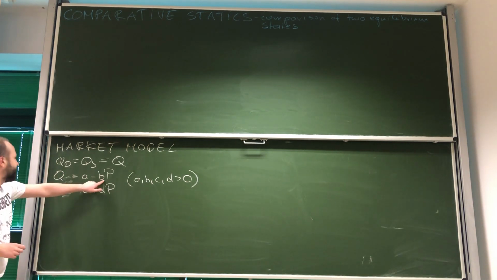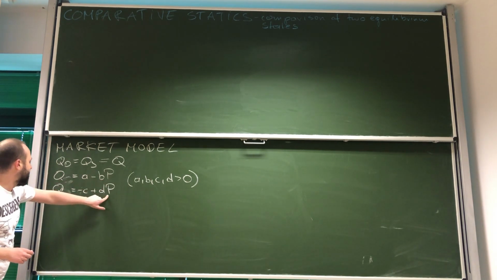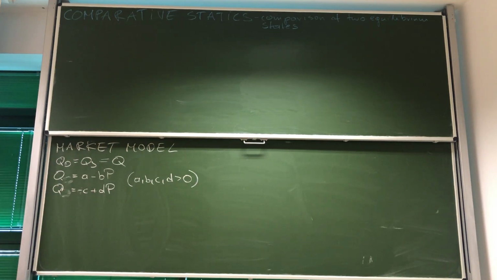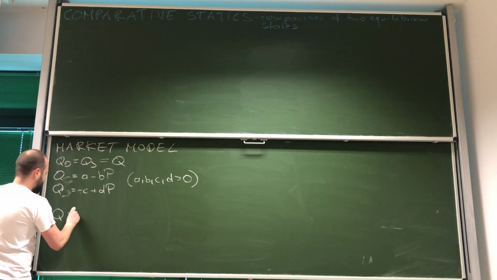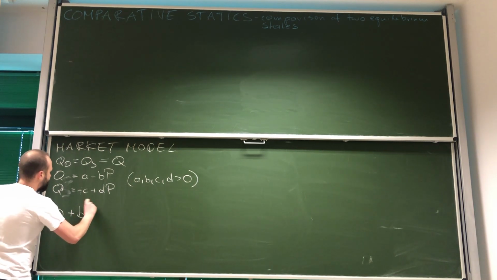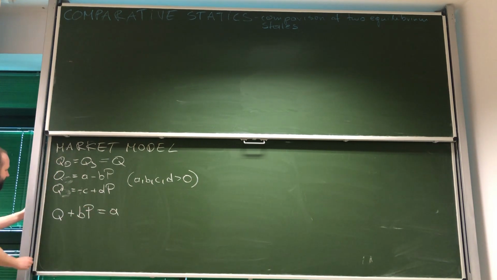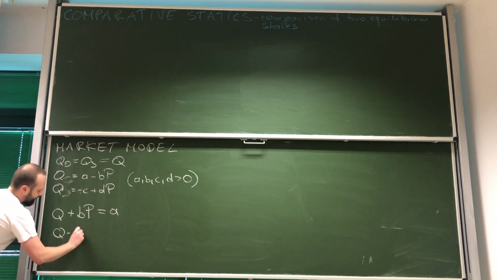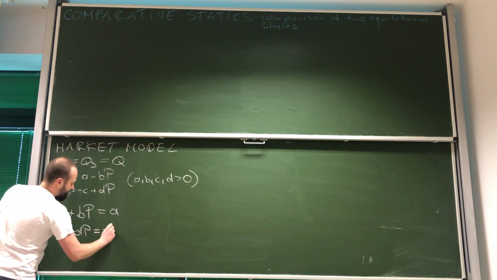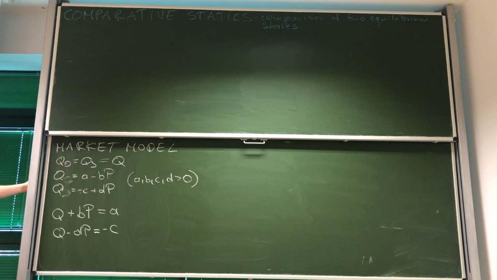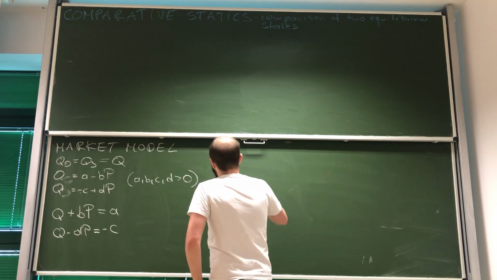First thing we do, we of course put all the endogenous variables to the left hand side. Okay, let's do this step. We've got q plus b p equals a, and q minus d p equals negative c. Right?